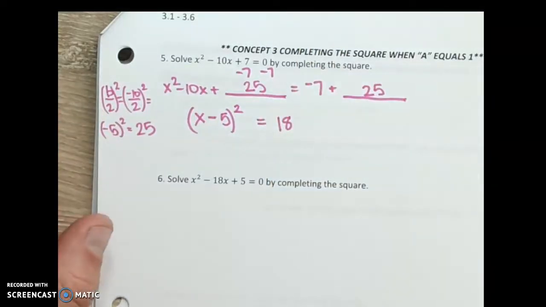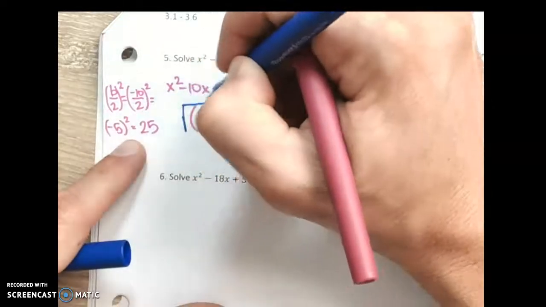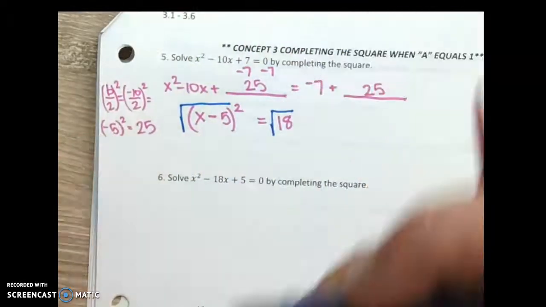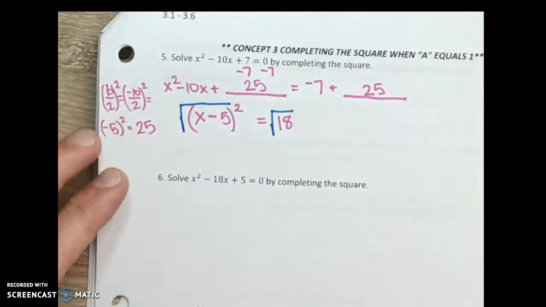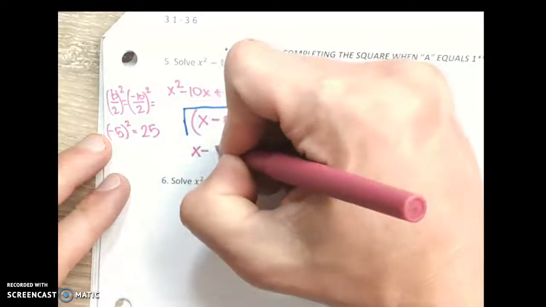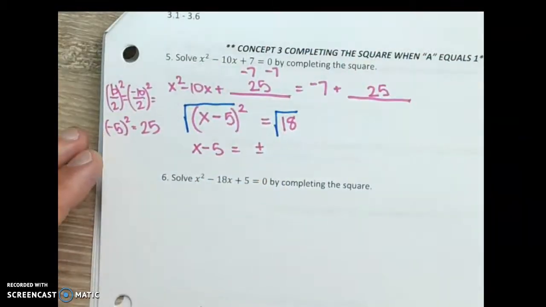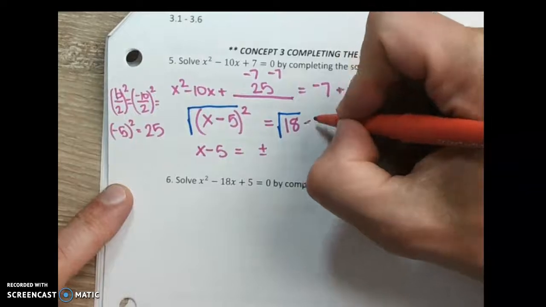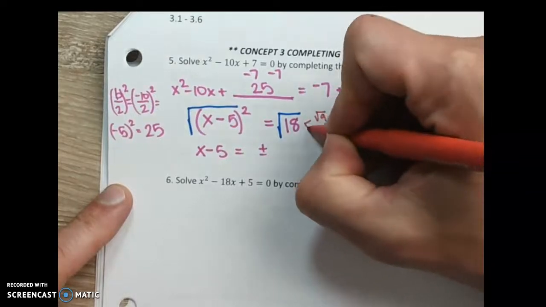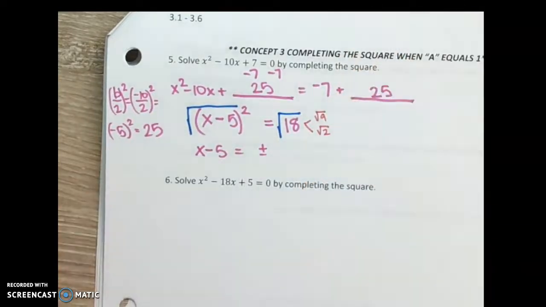The next step I want to do is solve by taking the square root of both sides. When I do that, I get the quantity x minus 5 equals positive and negative the square root of 18. I'd break that into the square root of 9 times the square root of 2. Square root of 9 is 3, right?